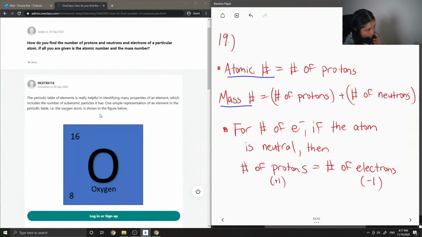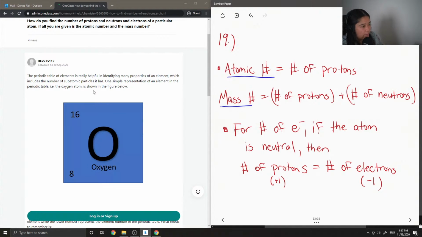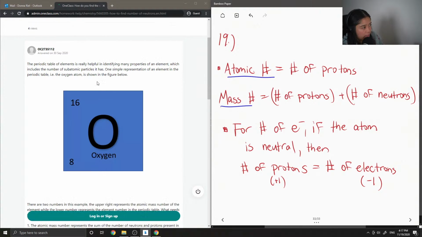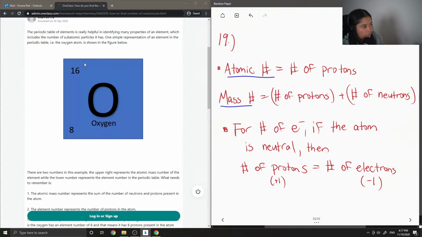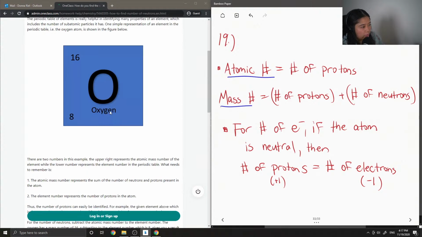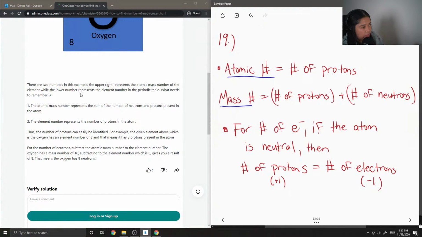Okay, so the junior tutor said the periodic table of elements is really helpful in identifying many properties of an element, which includes the number of subatomic particles it has. One simple representation of an element in the periodic table, such as oxygen, is shown in the figure below. There are two numbers in this example.